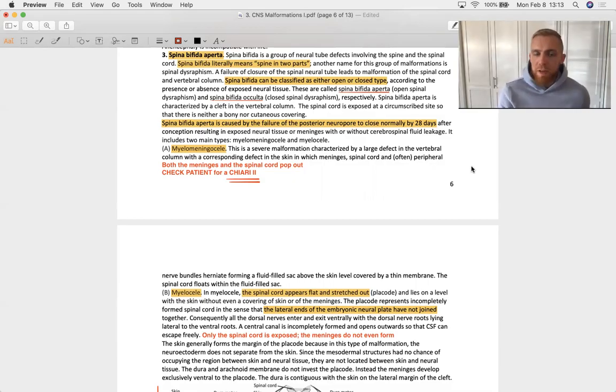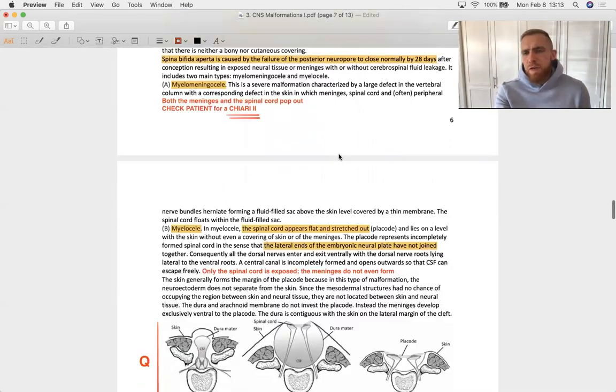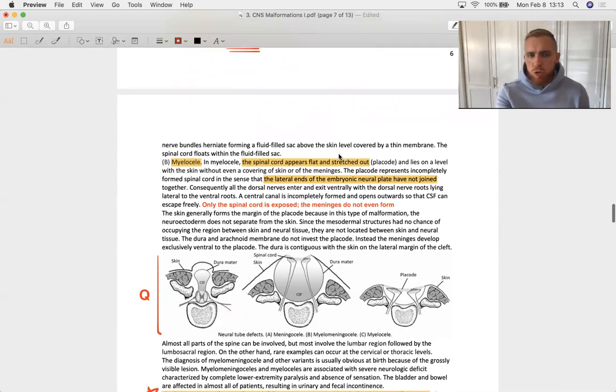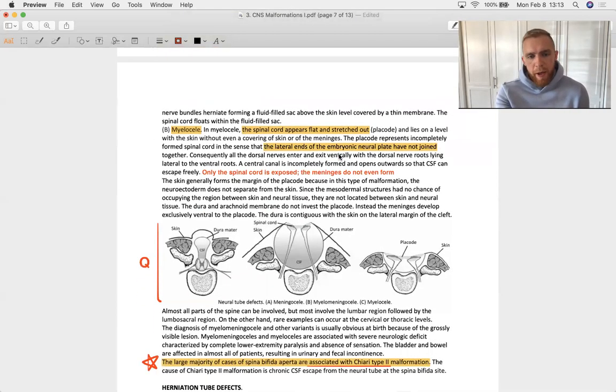Spina bifida, again, meaning the vertebrae don't close all the way, so there's two little tails to them instead of one arch. Different pathologies that you can see in an open spina bifida are myelomeningocele, which means that meninges and the spinal cord are popping out. There's myelocele, which means just the spinal cord is exposed and that the meninges haven't even formed correctly around the spinal cord.